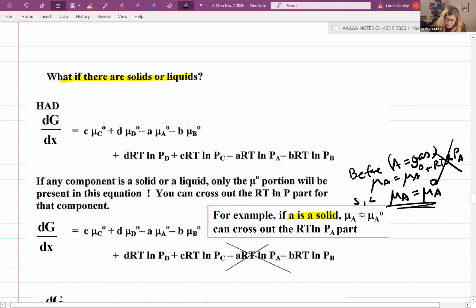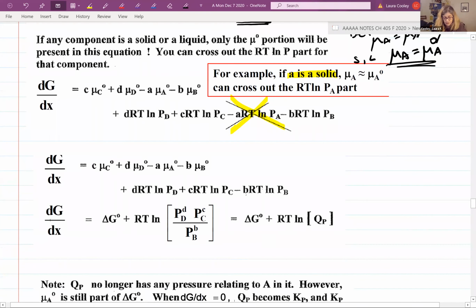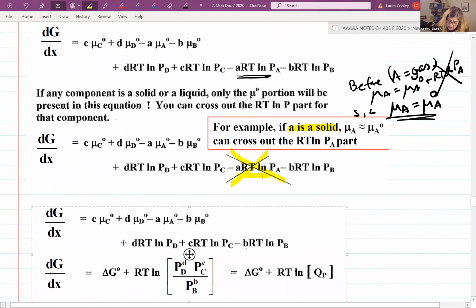So what that does is it gets rid of this term, so we're just going to cross out that term. There will be no partial pressure of A in this Q, which becomes the equilibrium constant. So I just eliminated the RT log P_A.